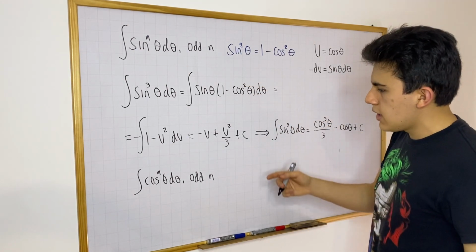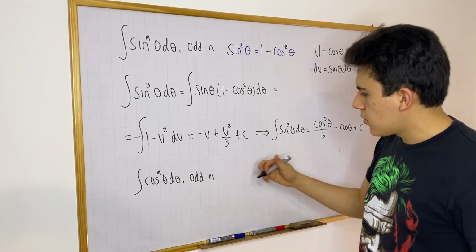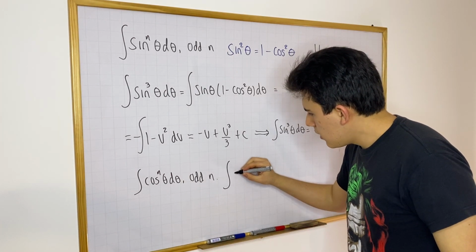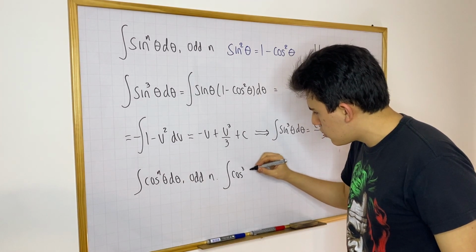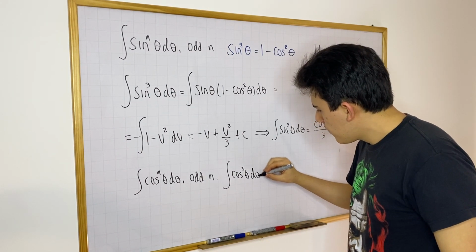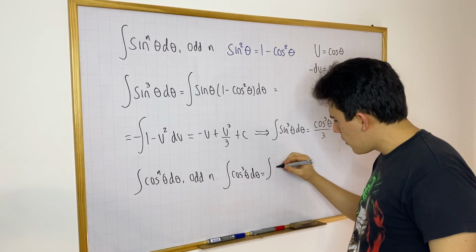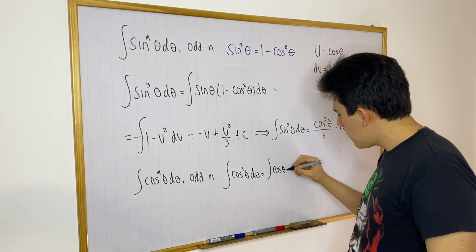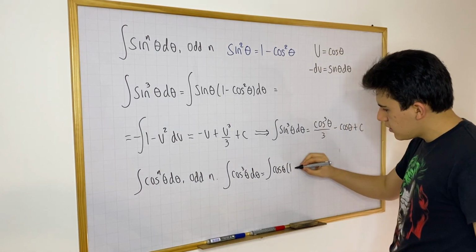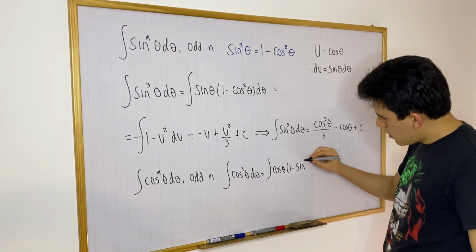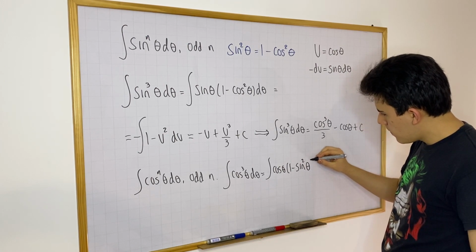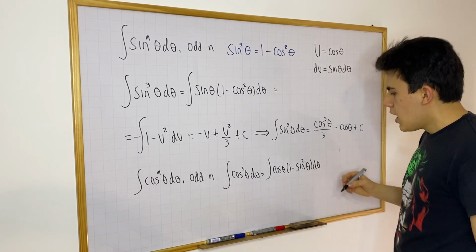And so you get that, I'm going to do the same example. The integral of cosine to the third power d theta will be the same as the integral of cosine theta times 1 minus sine squared theta d theta. And now you do the same thing.